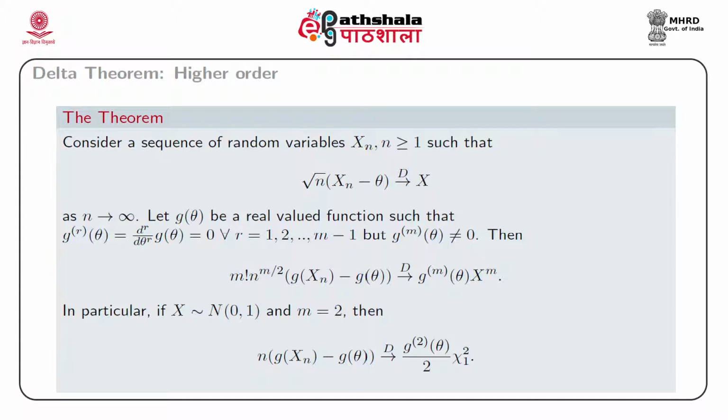Then m! n^(m/2) (g(Xn) − g(θ)) converges in distribution to X^m multiplied by the mth order derivative of g at θ. In particular, if X has a standard normal distribution and m equals 2, then n (g(Xn) − g(θ)) converges in distribution to χ²₁ multiplied by the second order derivative of g divided by 2.